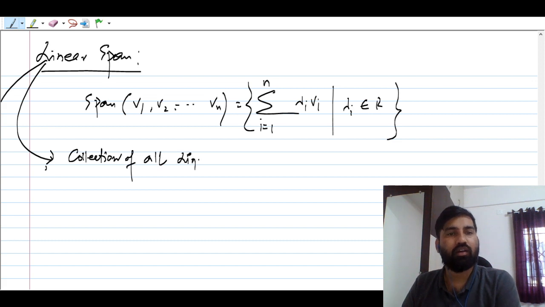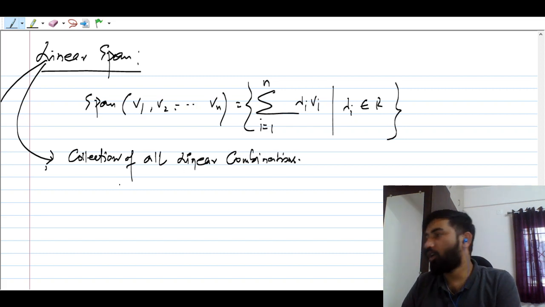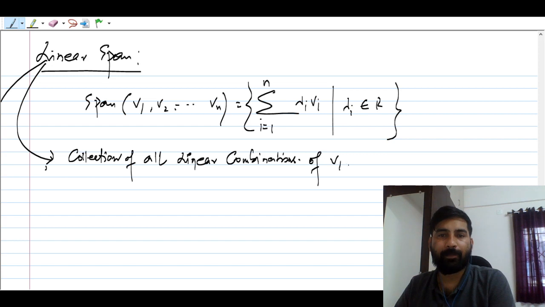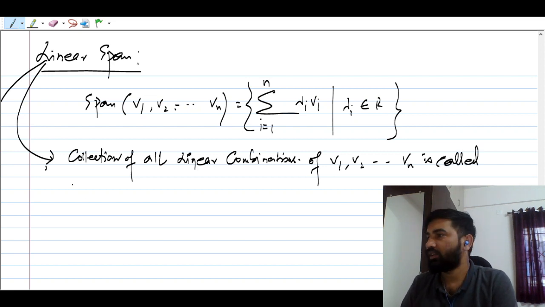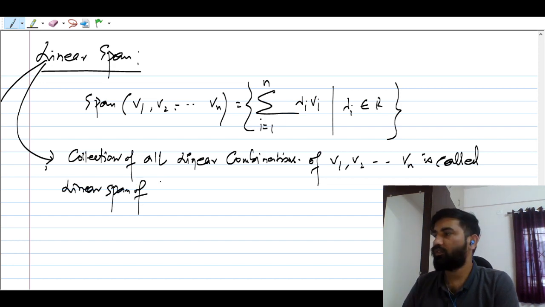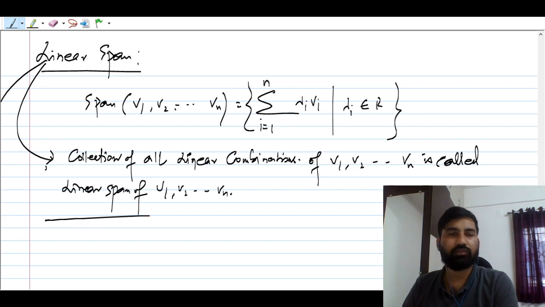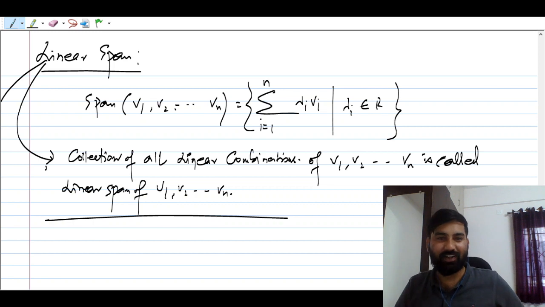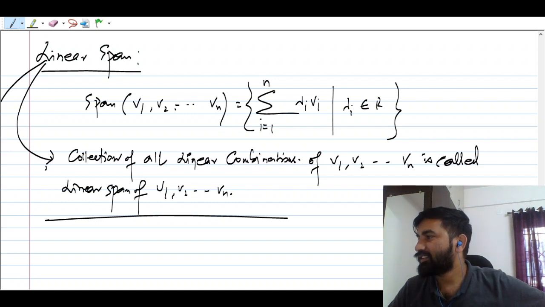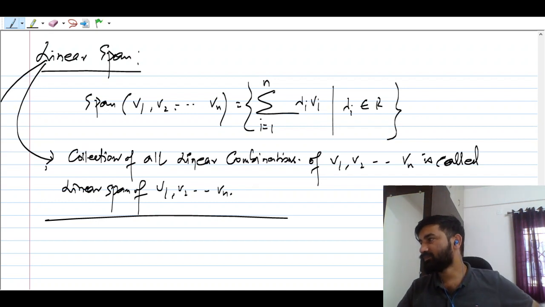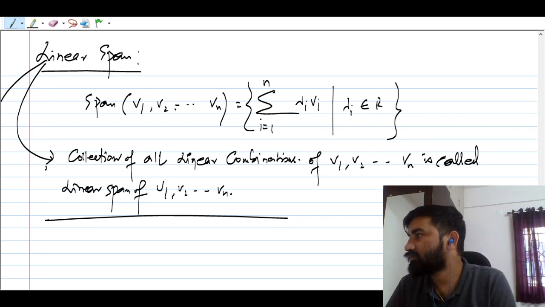Collection of all linear combinations of v1, v2 and so on vn, right, is called the linear span of v1, v2 and so on vn. देखो, you can take the linear combination, that's fine, but collection of all sort of linear combinations जो भी possible है, that is the linear span. Okay, please remember these things.